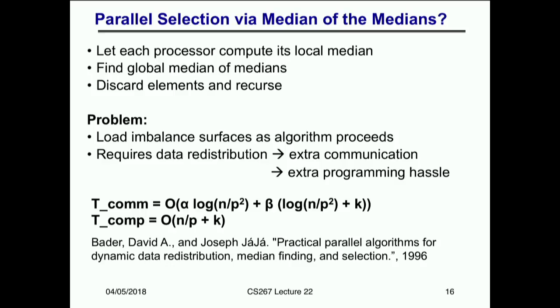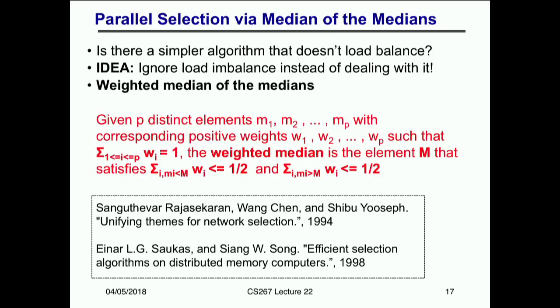And on the communication side, it's not too bad either. There's quite a bit of log factors, but it's okay. And you can find this algorithm here. It's quite complicated to describe, and in practice, the analysis is hiding quite a bit of data exchange.